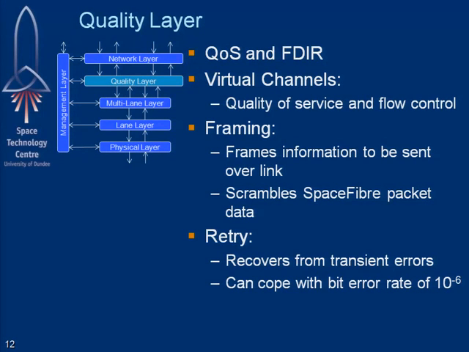The retry mechanism recovers from transient errors, and in the trials we've done, you can be sending information over the link, and even if you've got a bit error rate of something like 10 to the minus 6, you will still get the data going through with no errors being seen, because we recover from those errors. The only effect is a slight degradation in the overall link performance by about 5%.